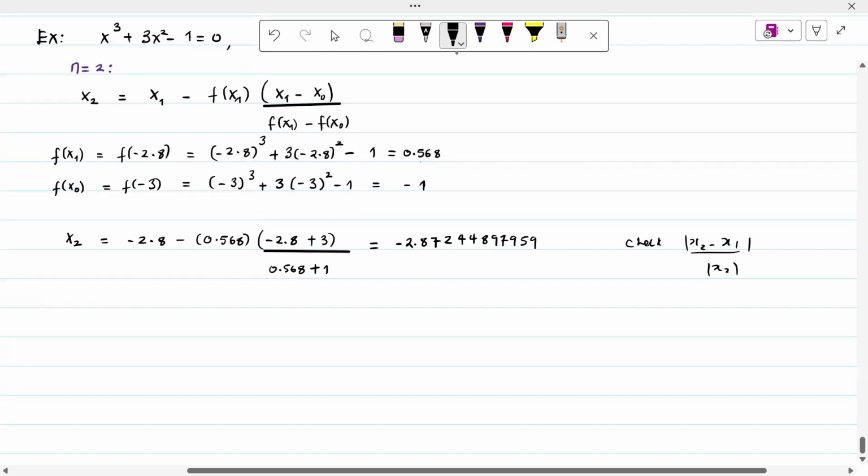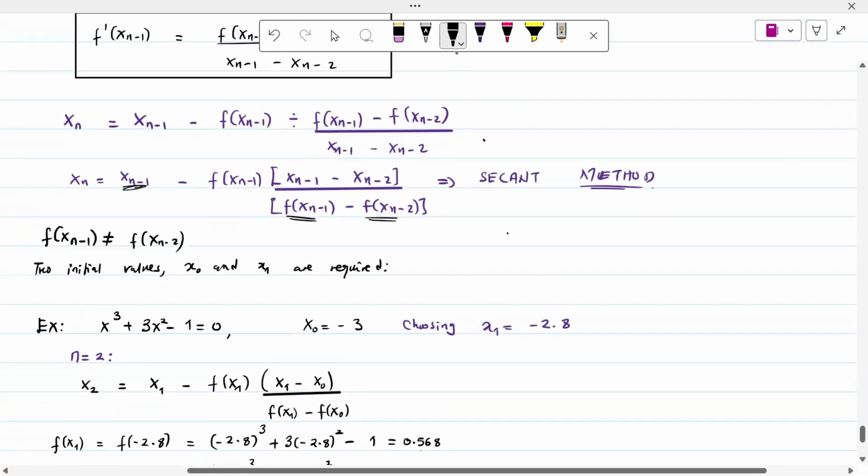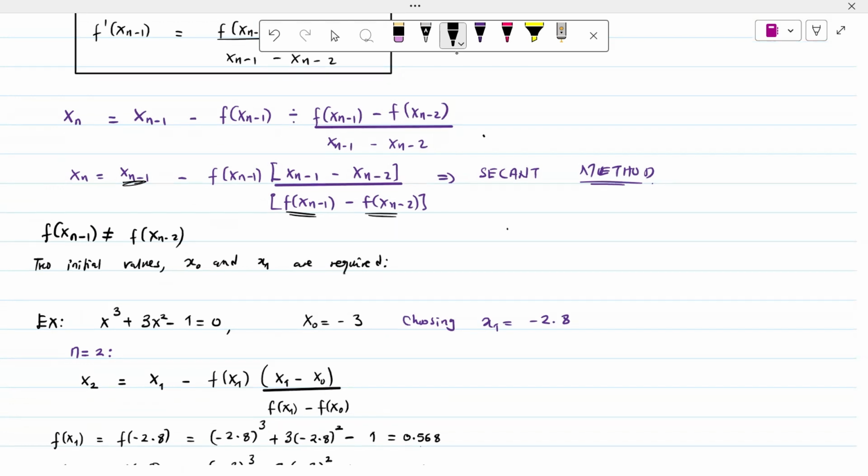So let's find x3. So it means that now n is equal to 3. So our x3 now, if you put a 3 there, everywhere in this formula, this becomes x2, f of x2, this becomes x2, this becomes x1, and all that. You can see that, isn't it?